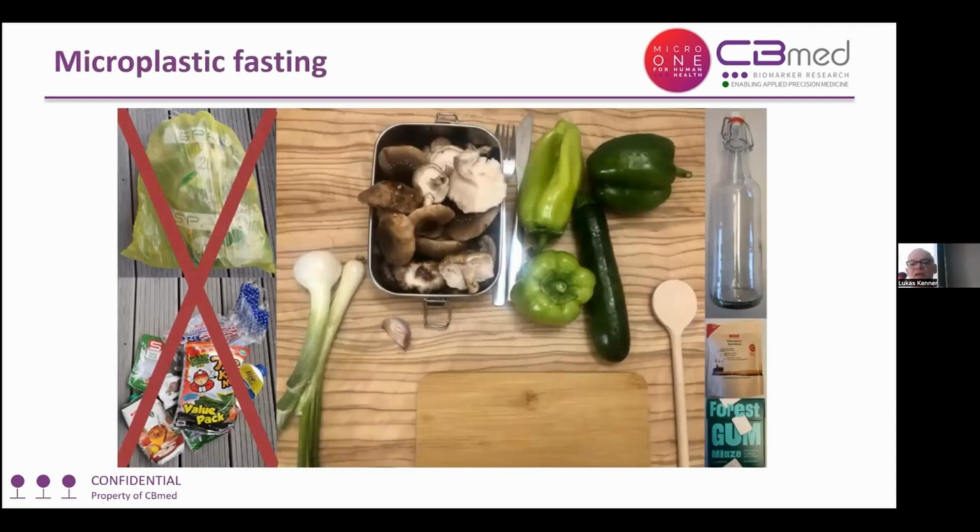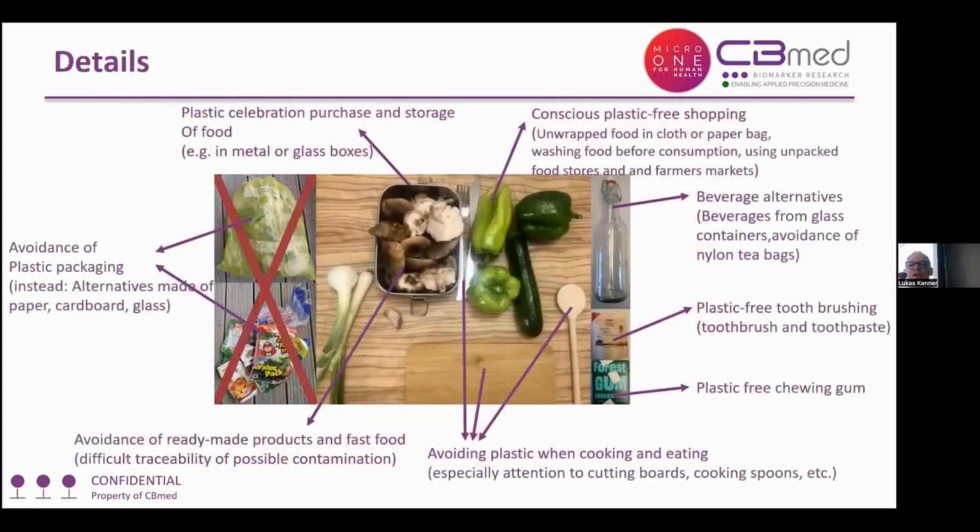Very quickly, we have a group in Graz, because I'm always asked what can we do. We are trying with a group in Graz led by Vanessa Stammbaum, a clinician, who does microplastic fasting by doing a very clear-cut one-week fasting. She tells the patients systematically to avoid plastic packaging, plastic cooking gear, and so on.